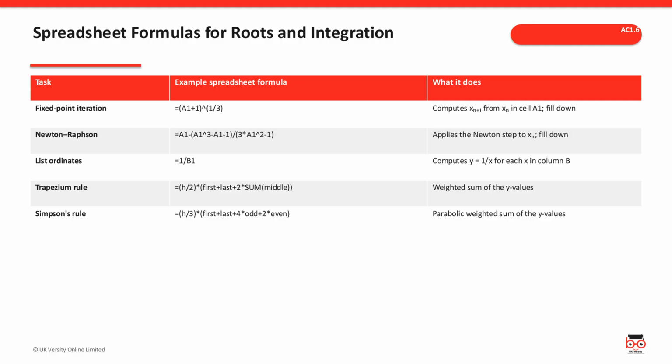To list the heights, you just enter 1 over B1 for each x in column B, and then the trapezium and Simpson totals are simply weighted sums. H over 2 times, first plus last plus twice the middle, or H over 3 times, first plus last plus 4 times the odds, plus 2 times the evens. Type the pattern once, fill it down, and the machine does the rest.